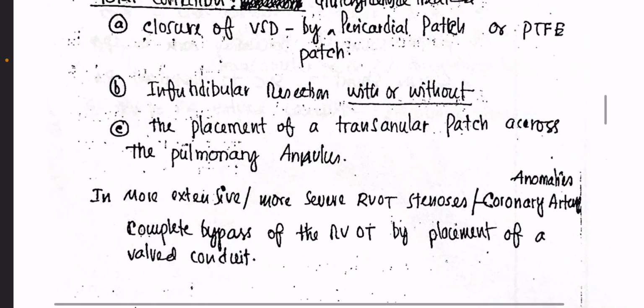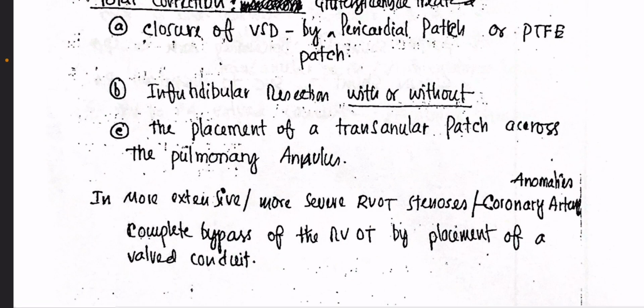In more extensive or more severe RVOT stenosis and coronary artery anomalies, complete bypass of the RVOT by placement of a valved conduit.